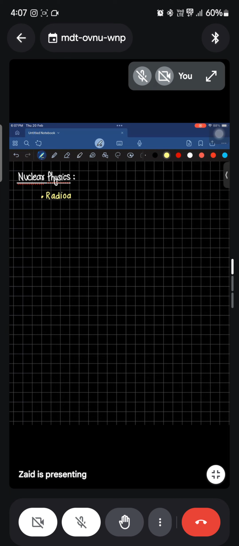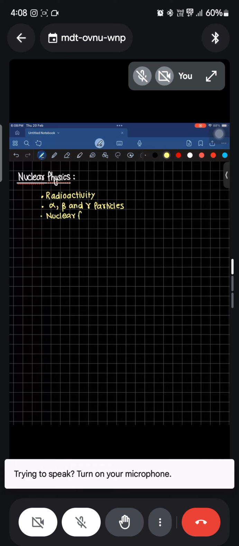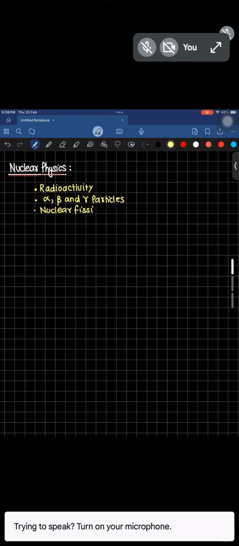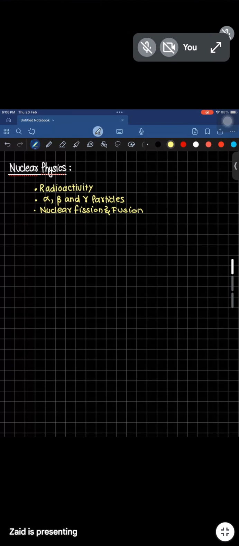Next, we are going to talk about the different forms of radiation in the form of alpha, beta, and gamma particles. And we are going to talk about nuclear fission and fusion. For my O-level students, you have a few more detailed topics like the nuclear reactor that's not in the IGCSE syllabus, so I'll give a brief overview of that topic as well.